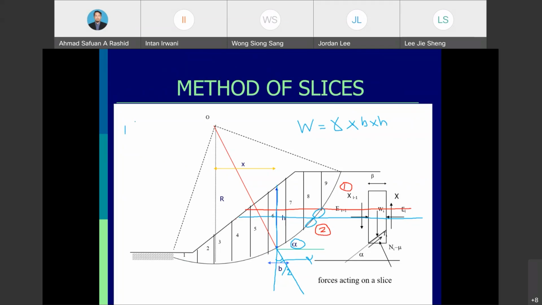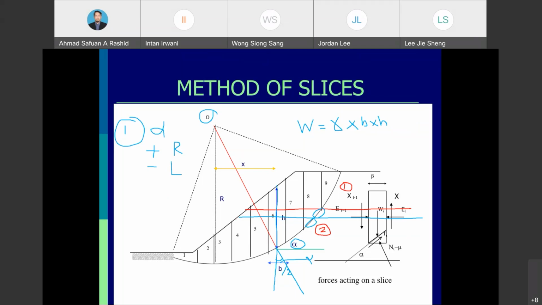So the most important thing is to determine the alpha. And the alpha also depends on the location from the center. For example, if the alpha is on the right side from the center, we consider it positive. If the alpha is on the left side from the center, we consider it negative. Or if we want to use the right side as negative, then the left side should be positive.